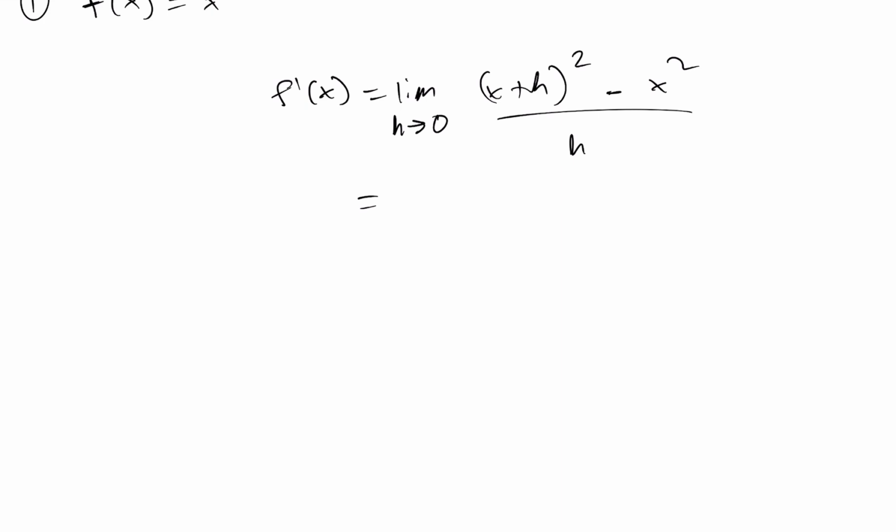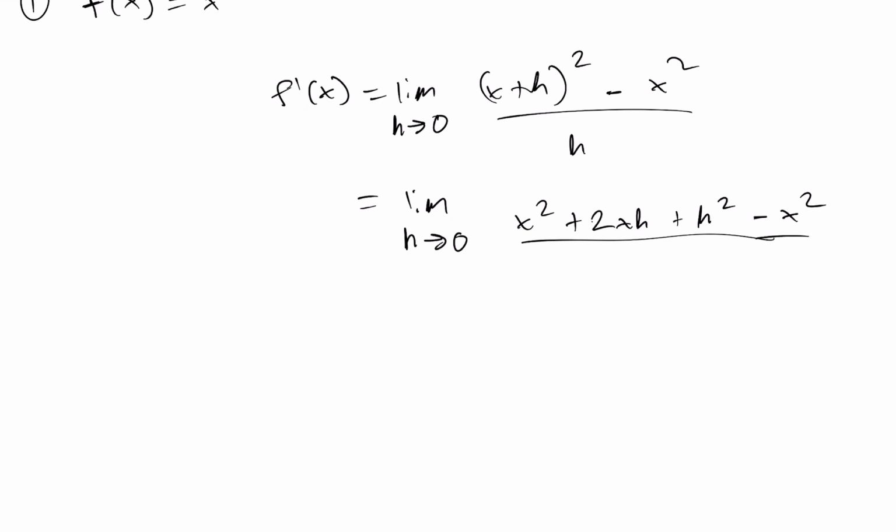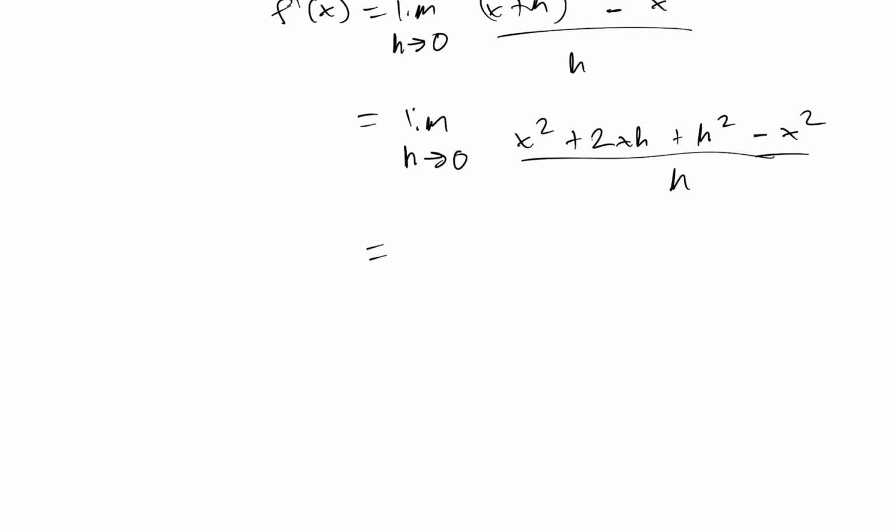Then we would have this equal to the limit as h approaches 0 of x squared plus 2xh plus h squared minus x squared, all over h. From here we would simplify, so it would be equal to the limit as h approaches 0 of 2xh plus h squared all over h.